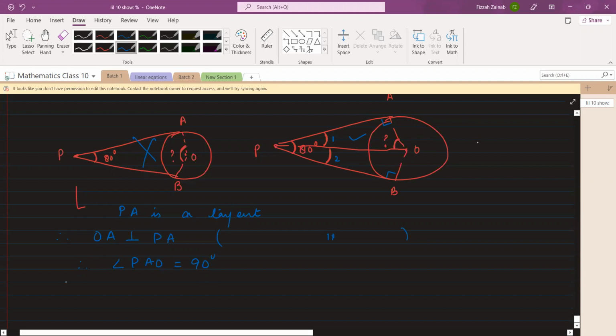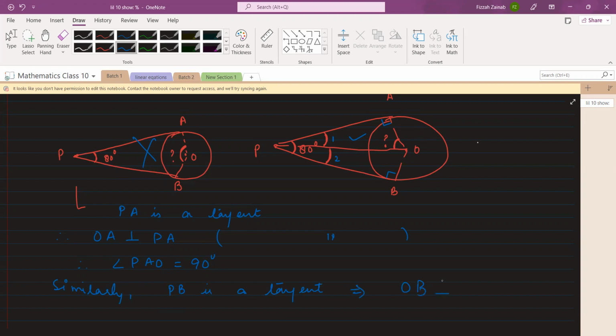And similarly, in the other one, PB is a tangent, right? So that implies the radius OB is perpendicular to PB, and that implies that angle OBP is equal to 90 degree.